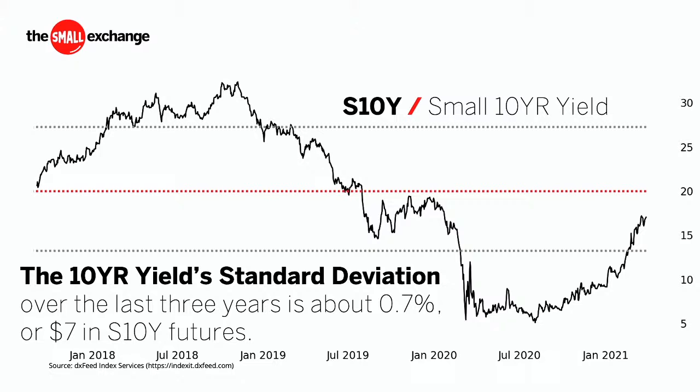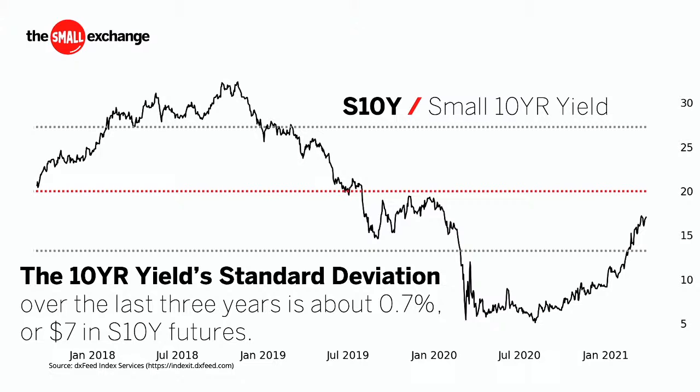But no, the standard deviation at $7, or 0.7% in terms of the yield, lets you know that getting out to that level of $27 or down to $13, that's when you're starting to see an extreme where the data really doesn't tend to deviate that far on average.